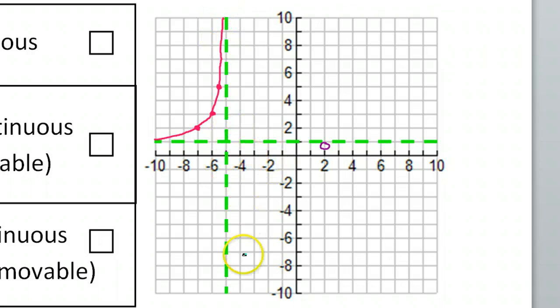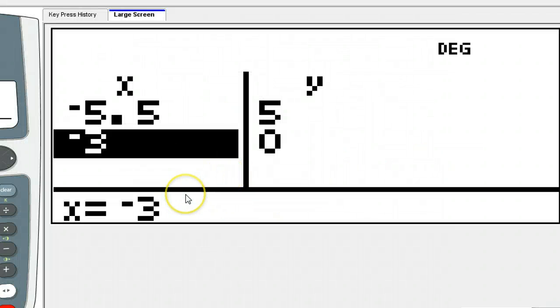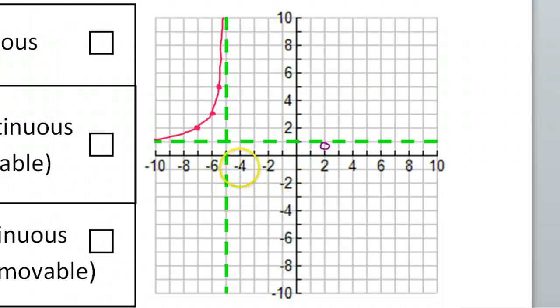Now let's go ahead and draw this other branch, which I'm sure is going to look this way based on the fact that there's a hole right there. But again, I like to do decimals on both sides of the asymptote. So I'm going to do negative 4.5 now. So at negative 4.5, I'm at negative 3. So that'll be right there.